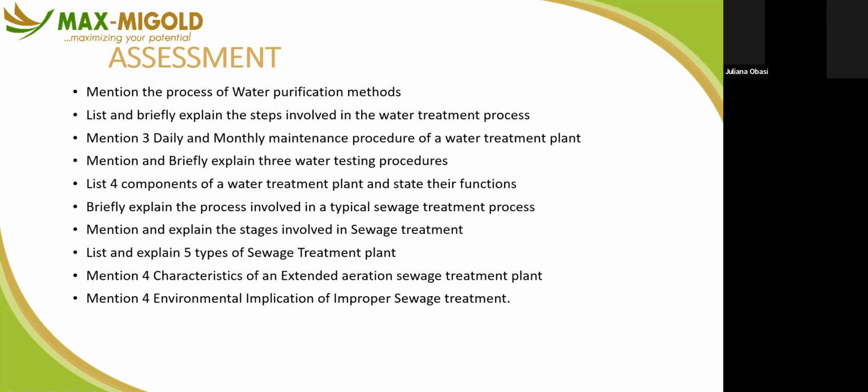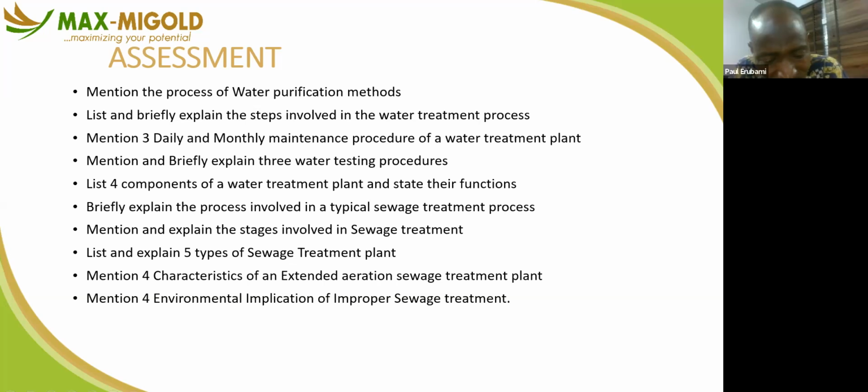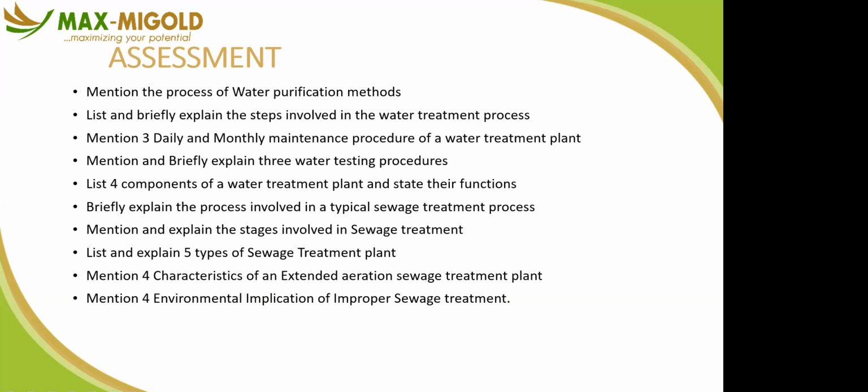Sir, you mentioned something about water treatment. You talked about the normal water we usually use in the house and also the sewage tank. So I want to know, sir, the difference between the chemicals that they use in water treatment.